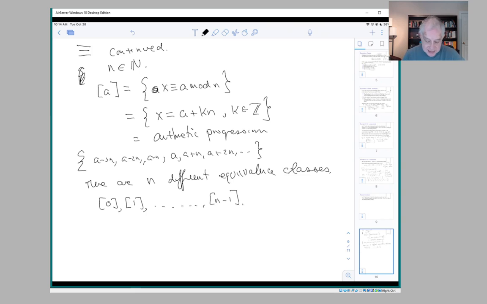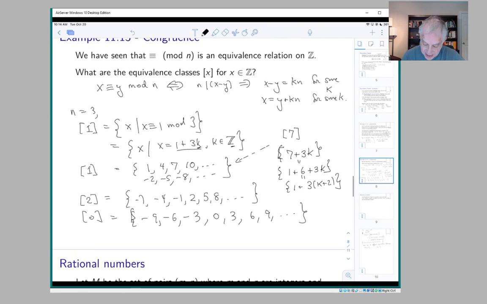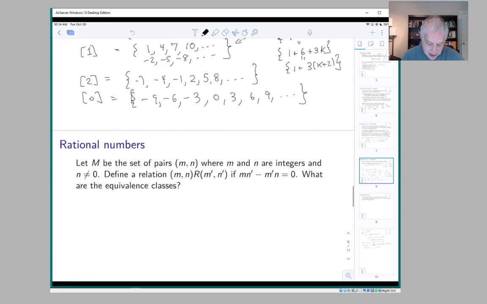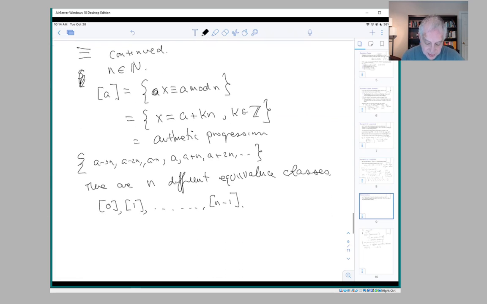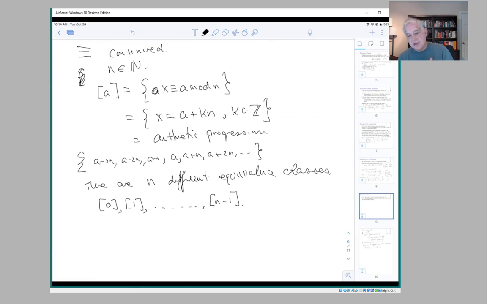If we picked another number, it's going to fall into one of these arithmetic progressions, in the same way that when we looked back here, since 7 is in the arithmetic progression based at 1, if you start the arithmetic progression at 7, you're going to get the same collection of numbers. So the congruence relation divides up the integers into n arithmetic progressions. And we're going to look at this example more closely again.